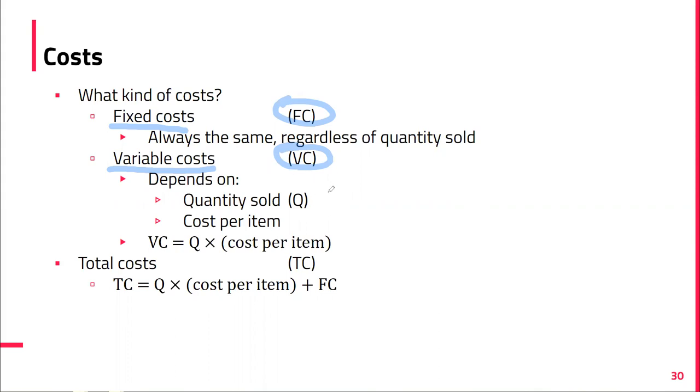So fixed costs are just some number, you just add everything up. Variable costs are the cost per item. You know what those costs are, and then you multiply that by quantity sold. This might seem a little odd. You might think quantity produced would make more sense, but we want to be able to compare revenue and cost directly.